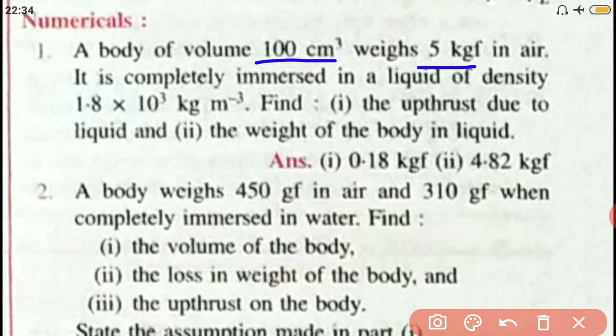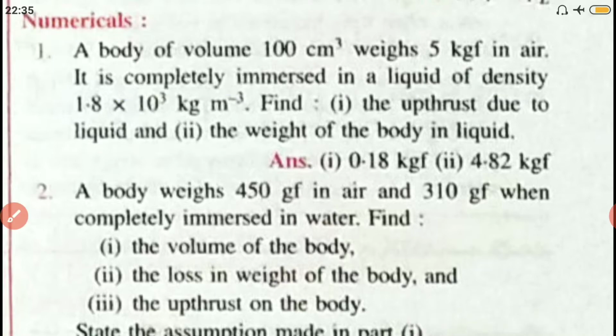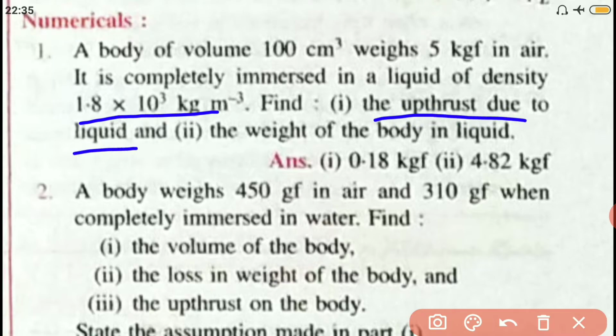It is completely immersed in a liquid, so the volume of the displaced liquid and the object should be the same. Of density 1.8 into 10 to the power 3 kilogram per meter cube, this is the density of the liquid. Find the upthrust due to the liquid and the weight of the body in the liquid, which means apparent weight.